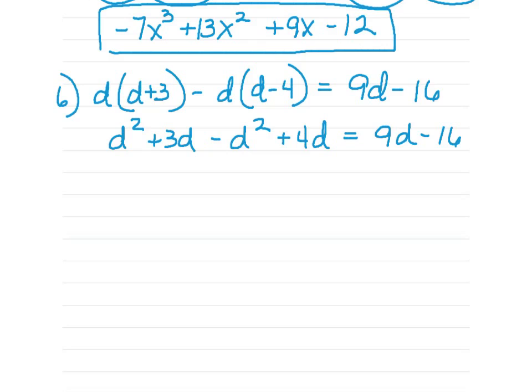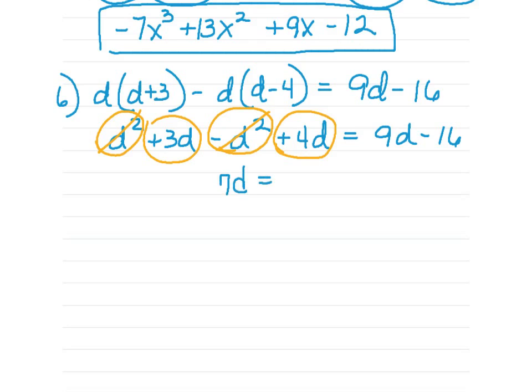Please notice that I have d squared and negative d squared. When I add those, I have 0d squared, so they cancel each other out. And then I can also combine positive 3d and positive 4d. That'll give me 7d.